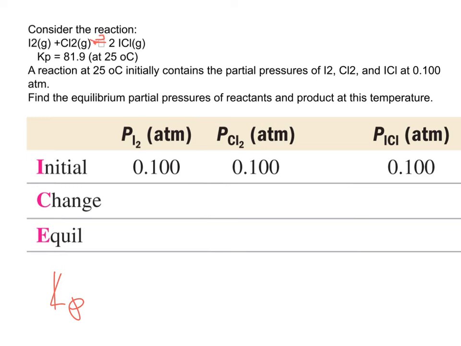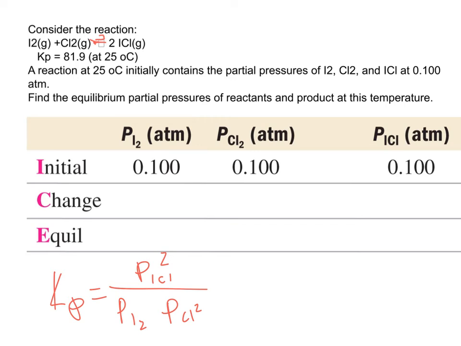And so now Kp is equal to the pressure of the product, ICl squared, over the pressure of I2 and the pressure of Cl2, right? And we treat those the same way we treat the concentrations, right?